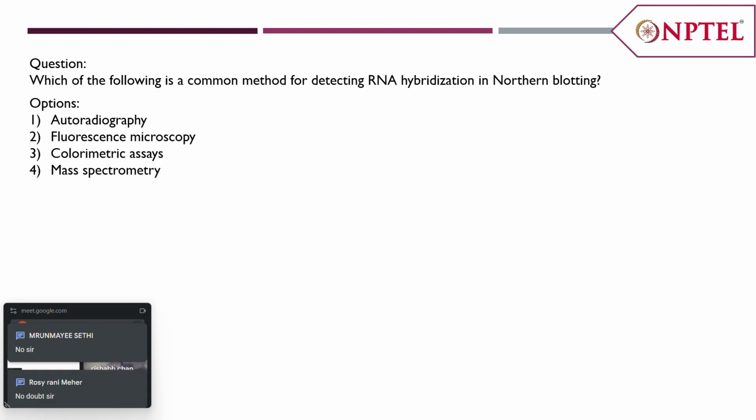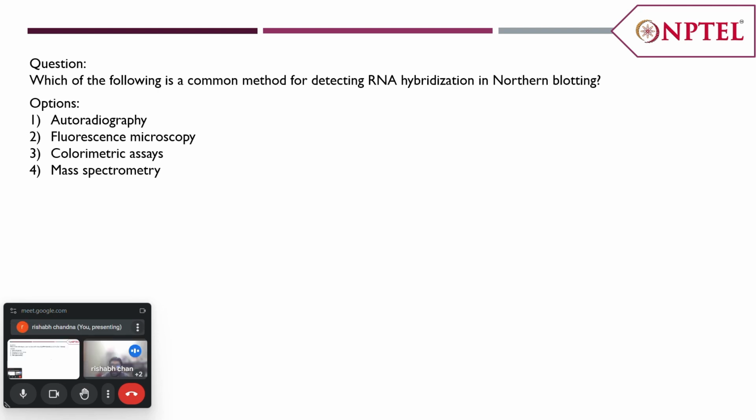Now we are moving towards the northern blot. So, which of the following is a common method for detecting RNA hybridization in northern blotting? What can be the correct answer?